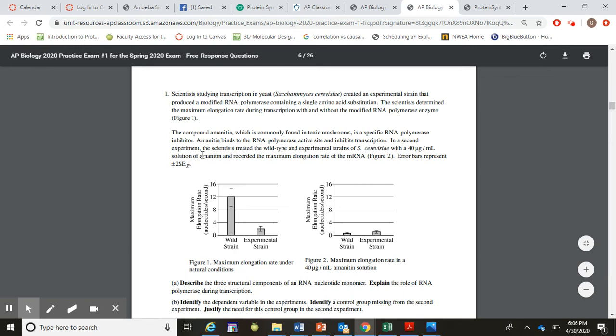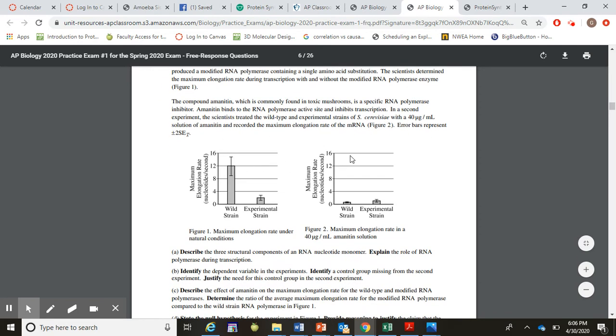In a second experiment, the scientists treated the wild type and experimental strains with a 40 microgram per milliliter solution of the amanitin and recorded the maximum elongation rate of the mRNA. Error bars represented 2 standard errors. So right here we can see the difference between the wild strain and the experimental strain.